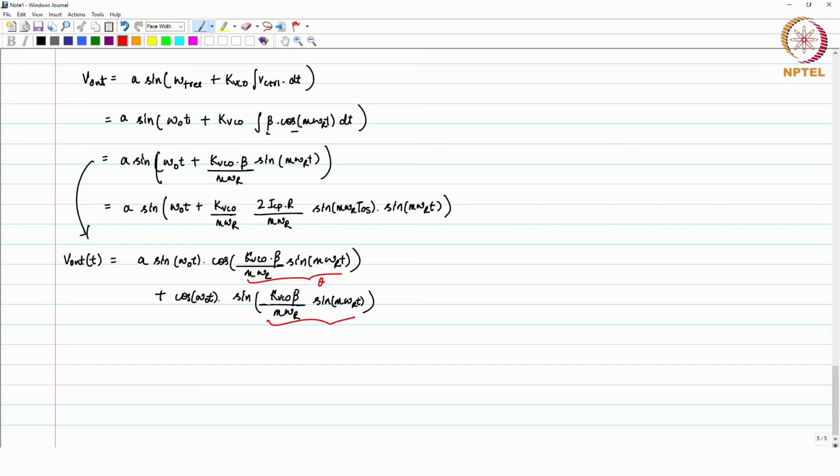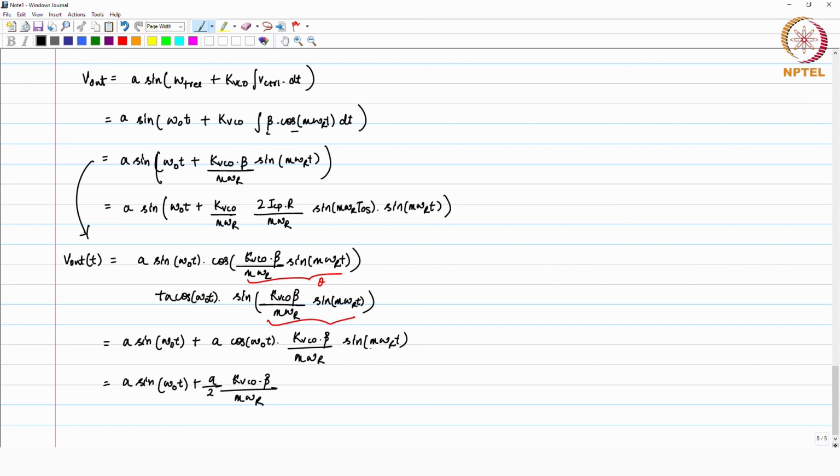If theta is quite small, then cos theta is 1 and sin theta is theta. So, I will substitute that. You have sin omega naught t plus a times cosine of omega naught t times k VCO beta by m omega r times sine of m omega r t. This can be written as sine of omega naught t plus a by 2 k VCO times beta by m omega r times 2 sin a cos b.